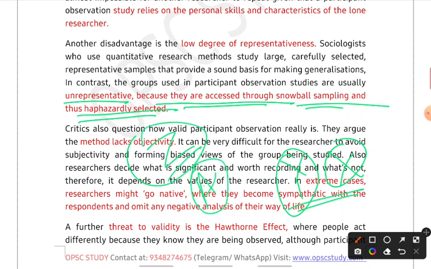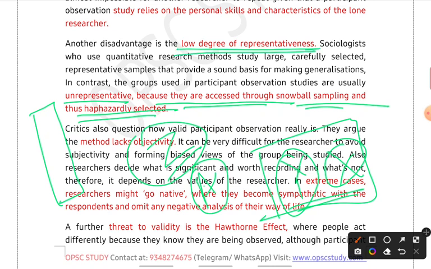So you first haphazardly select the subjects, right? You're not planned in regard to the study. If there is no proper planning, the execution might differ in every case. So that is the low degree of representativeness, because they are assessed through snowball sampling and haphazardly selected.